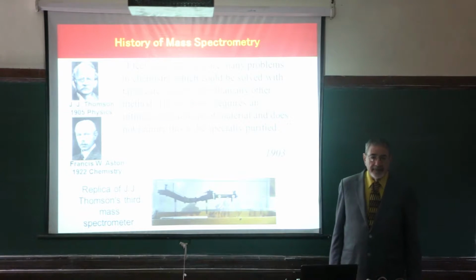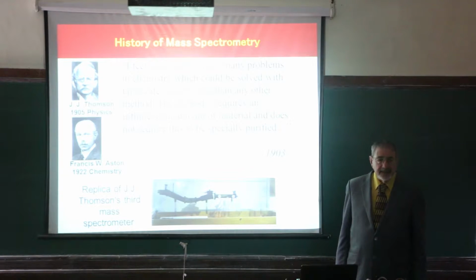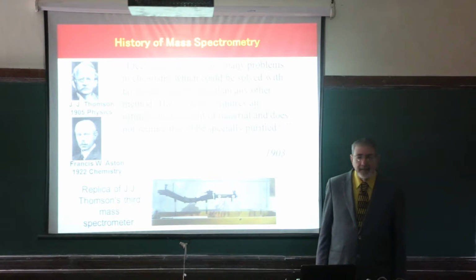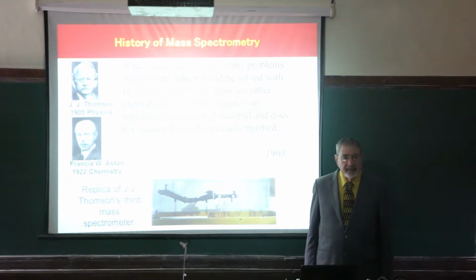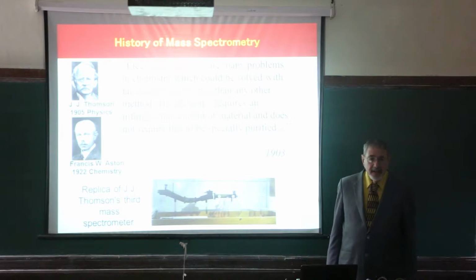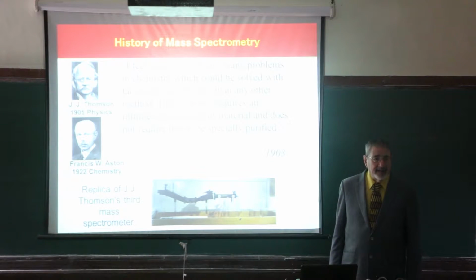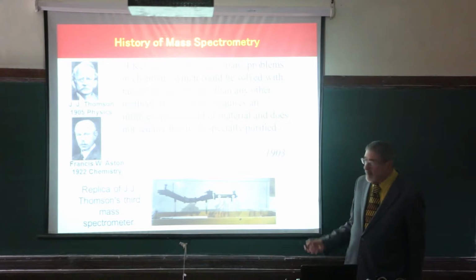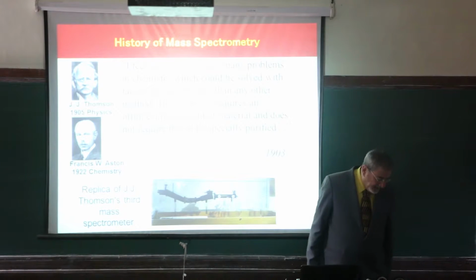And he was smart enough to figure out they had different masses, and this was the beginning of isotopes. He discovered isotopes. The elements had isotopes, and there's the same number of protons, that's what gives an element its name, right? But different numbers of neutrons. And so he was able to learn about this, and he actually found hundreds of different isotopes, and it tremendously advanced our understanding of chemistry.